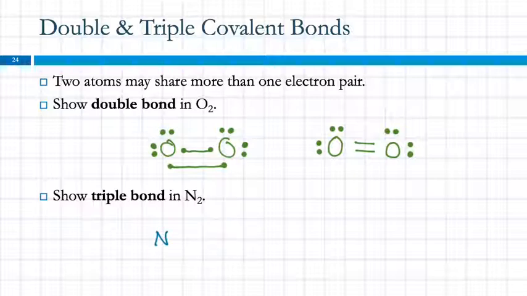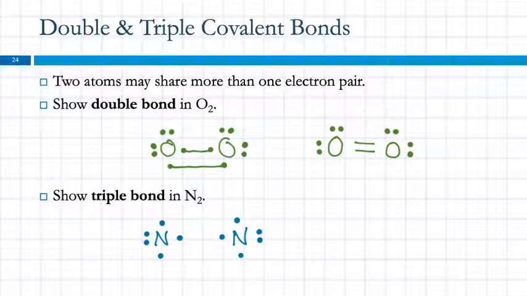So nitrogen, 2 nitrogens. Nitrogens have 5 valence electrons. We talked about that back with the magnesium nitride. So how can we get 2 nitrogen atoms to be happy just together?